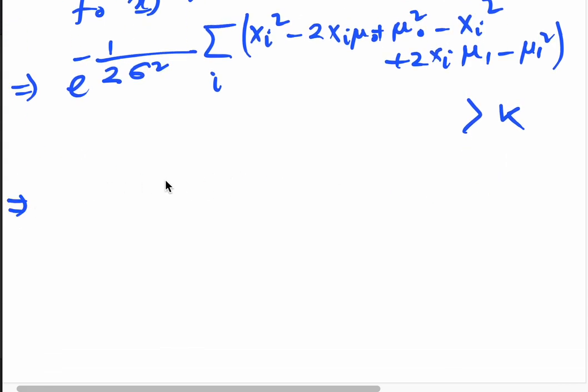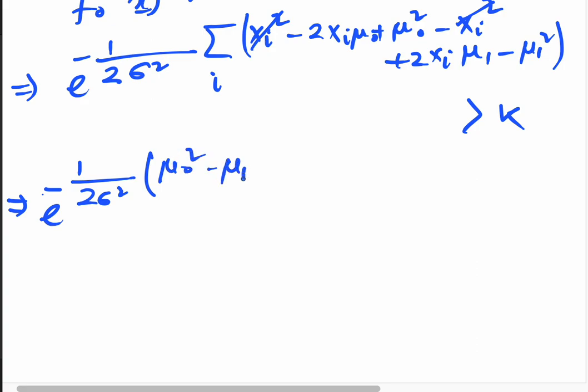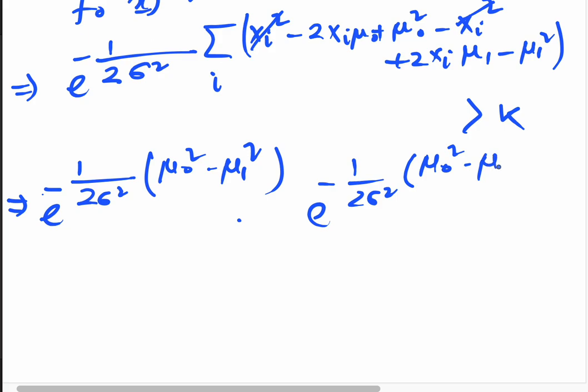So xi square cancels. So this will be e to the power minus 1 by 2 sigma square (mu0 square minus mu1 square) minus 2 sigma square (mu0 square minus mu1 square) summation xi greater than k.